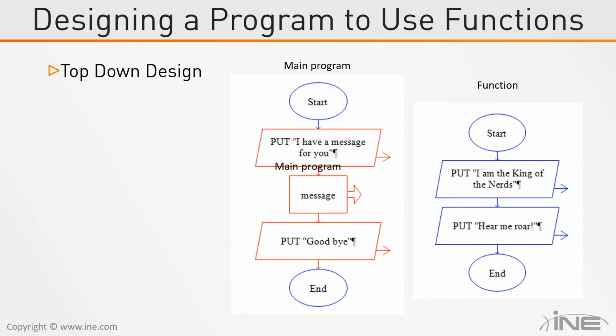We have to think about those very steps, each and every single step, and we have to put them in logical order. So one way to design that program might be a top-down design. We have our main program, and then we have our function. In our main program, we always have start and end in a flow chart. We have put, I have a message for you.